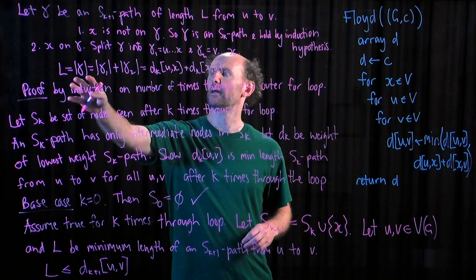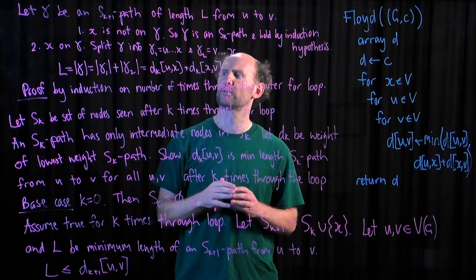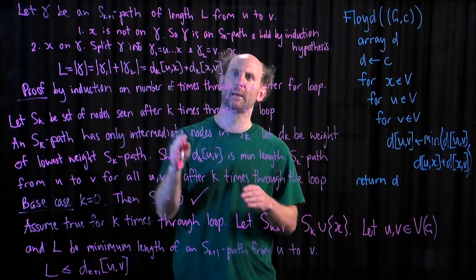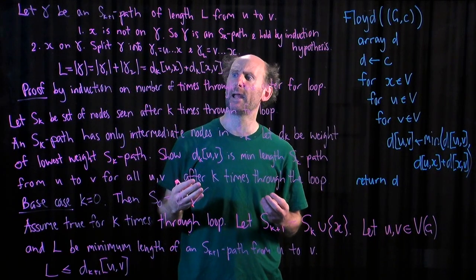So we have the cost of gamma, which is L, is the cost of gamma 1 plus the cost of gamma 2, because gamma 1 and gamma 2 just came by splitting gamma at x.